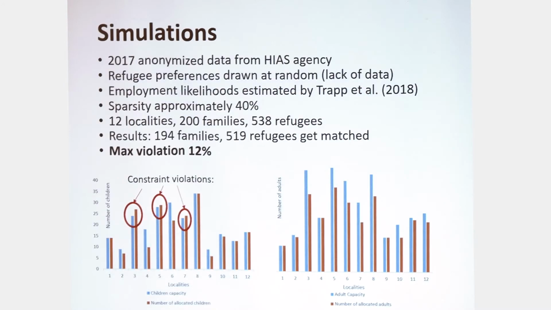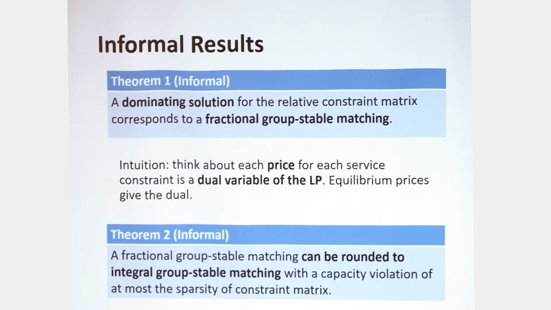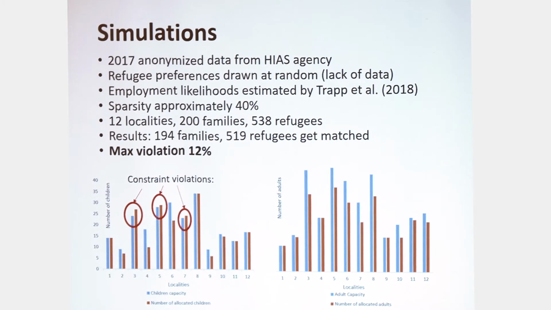Okay. So that's all about the theoretical results. And then we do some simulations, and we apply the algorithm to the 2017 data from the higher agency. Because of the lack of data, we draw the refugee preferences at random, and you can think of this as a worst case scenario.